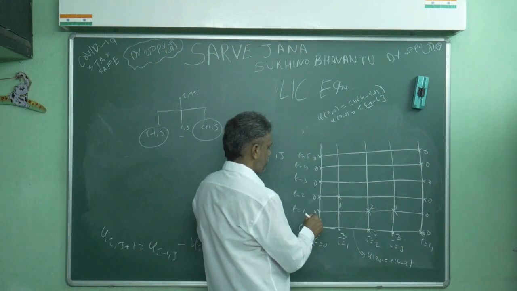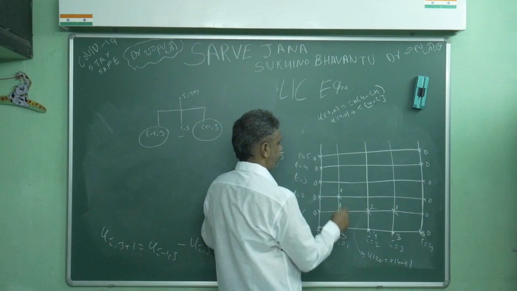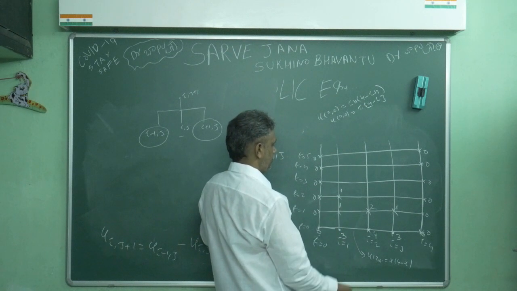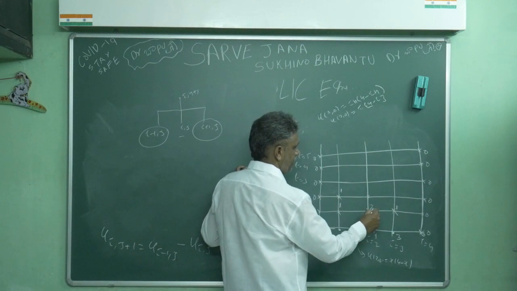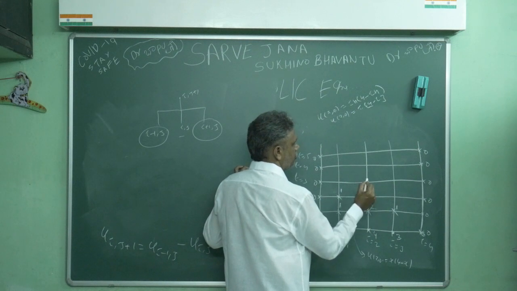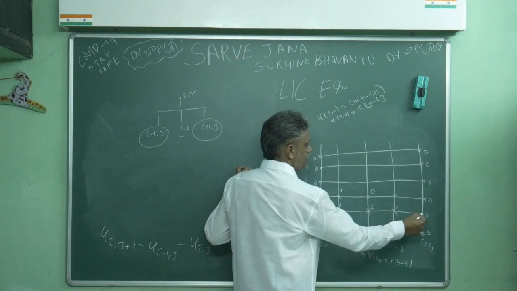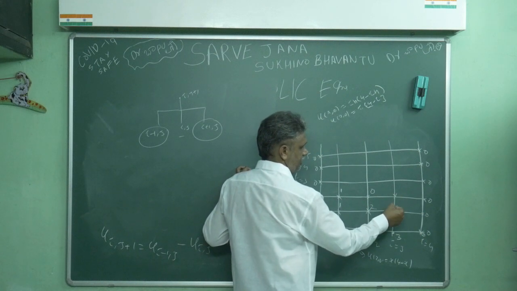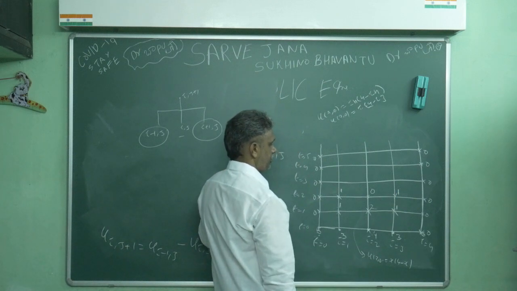Finding this, what will you get? 0 plus 2 minus 1 is 1. Getting it or not? For this one, this plus this minus 1 plus 1, that is 2, and 2 minus 2 is 0. For this one, this plus this minus this value, 2 plus 1 minus. Any doubt?